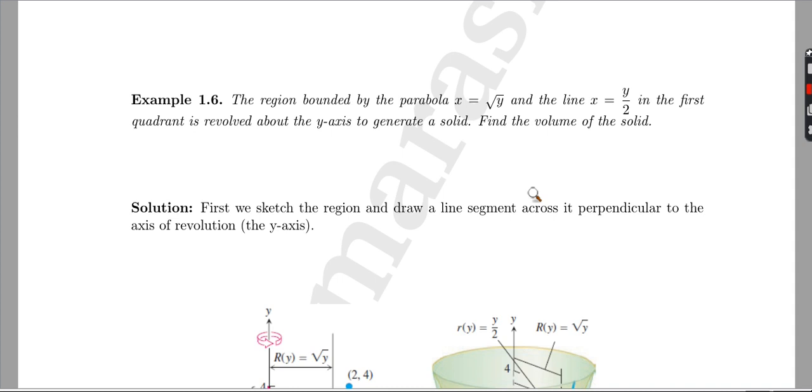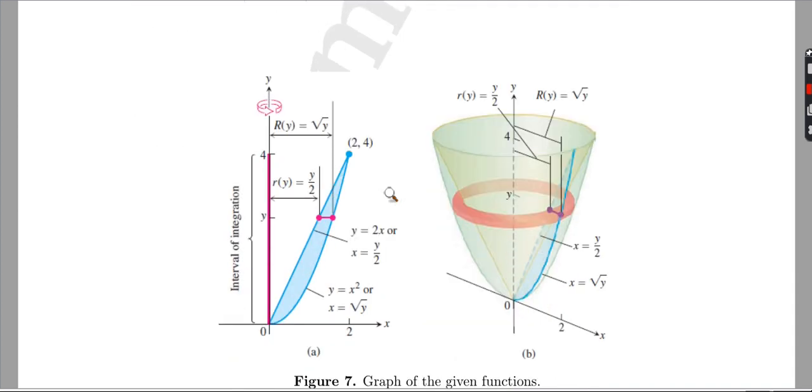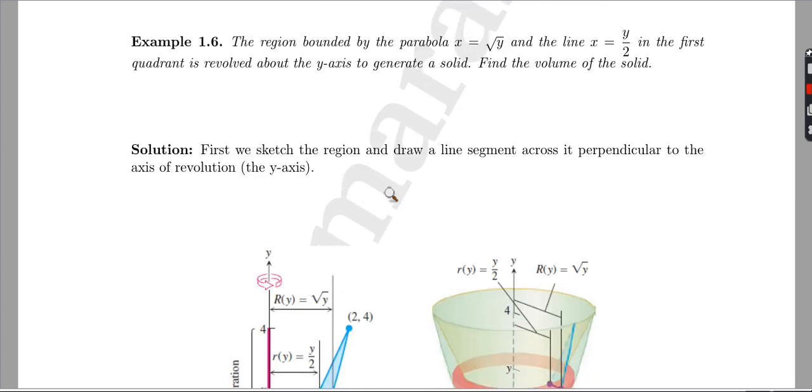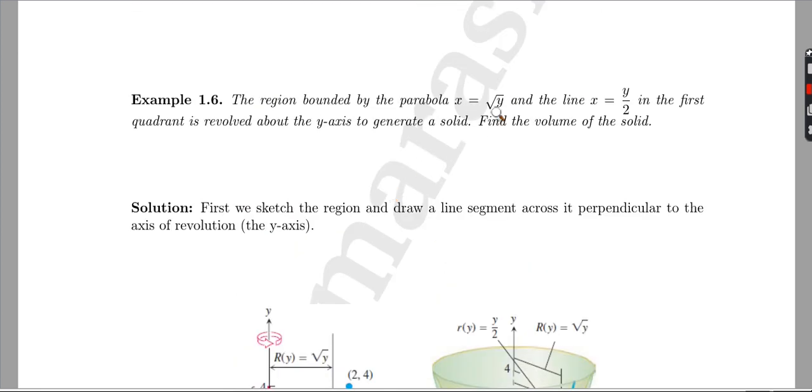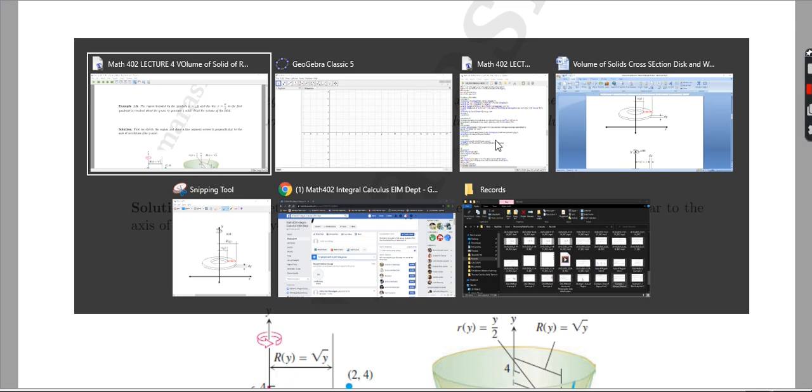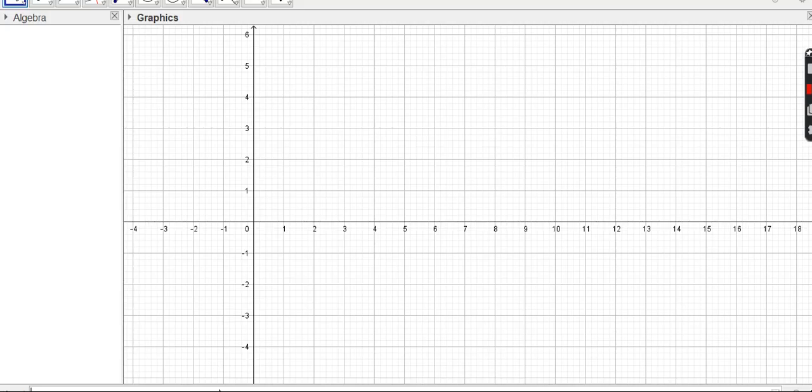Now first, let's see the graph of this function, because what we have here is already the region itself. Okay, so your x equals square root of y, let us use GeoGebra. We have x equals the square root of y.